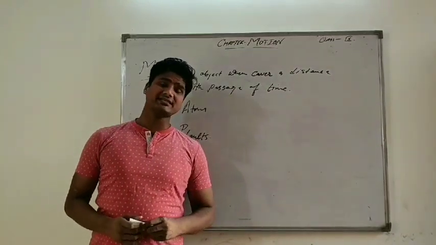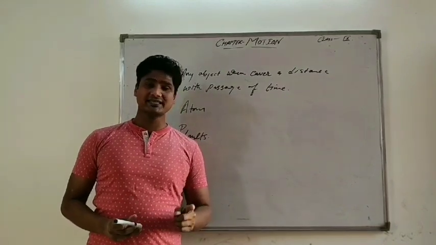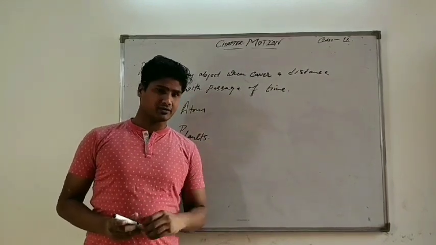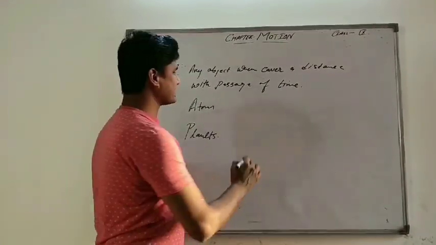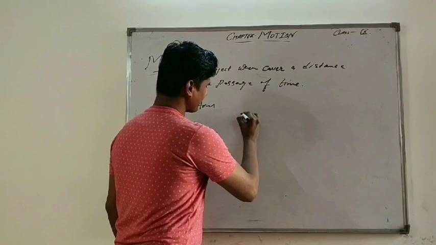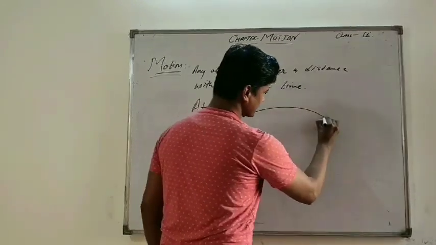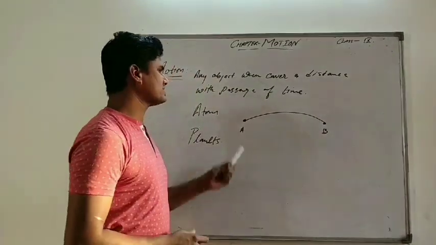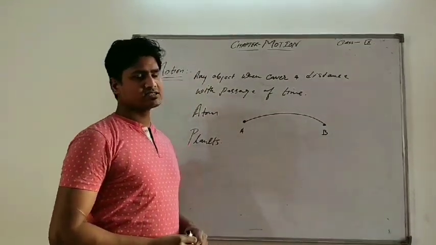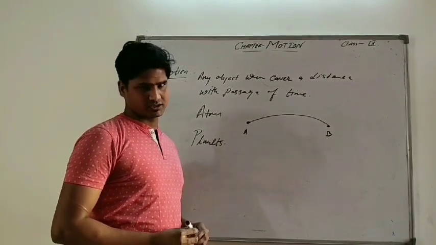So in simple language, any object is said to be in motion if it covers a distance in a particular time period or with the passage of time. For example, if any object is at position A and it covers a distance and reaches B with the passage of time, this object has covered a particular distance. This is called motion in the particle or object.